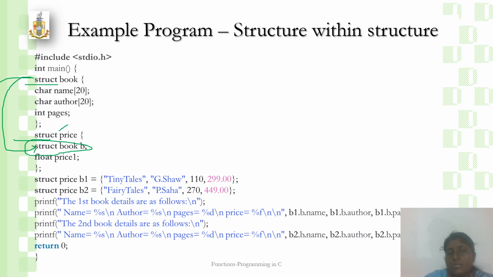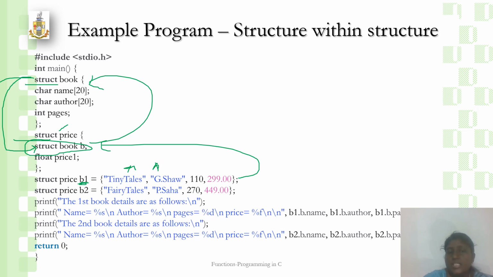The structure variable price B1, whenever you are giving the structure variable and all these data, the control will go back to this place. So here for the price, the value will be taken here, but the rest of the fields, the values will be taken from this structure book. Okay, so this is structure within structure.